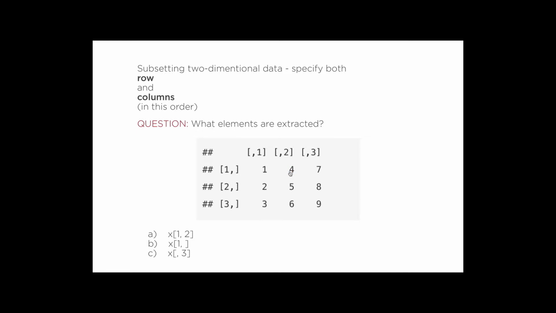If you'd like, please pause the video and try for yourself to answer questions B and C. These are the answers for questions B and C. And make sure you understand how the calculation and extractions of matrices occur.